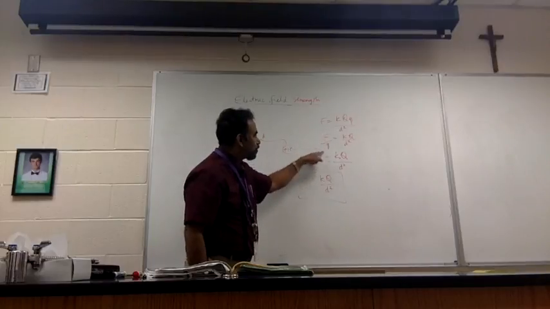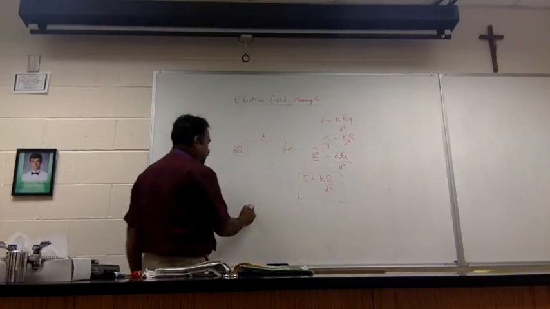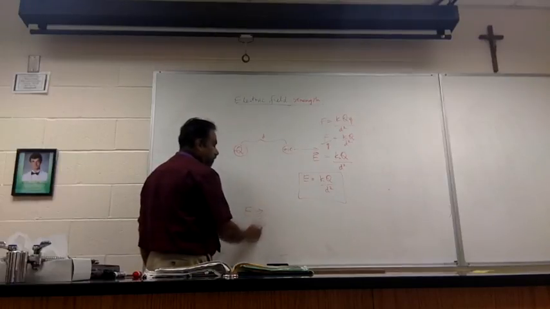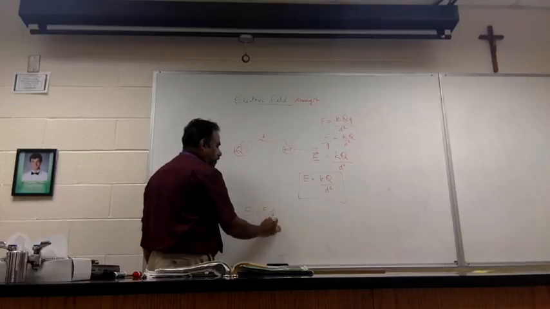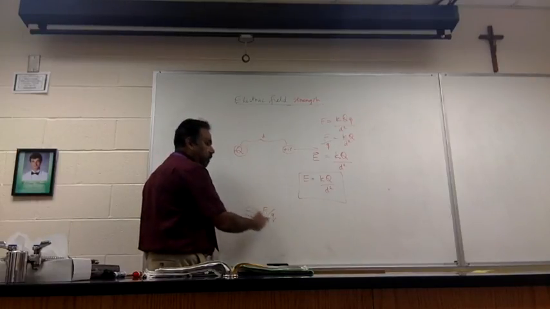And so you can see force over q is the electric field strength. So what is the definition of electric field strength? It is the force per coulomb. You get it? Force per coulomb.